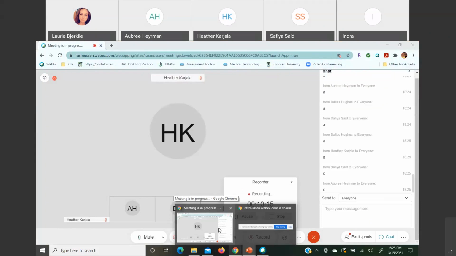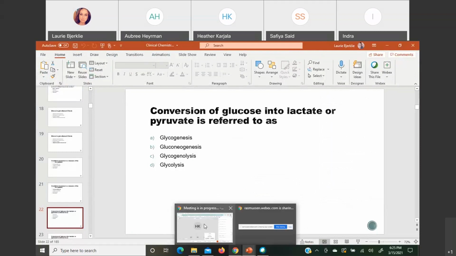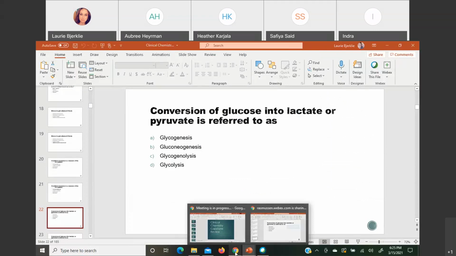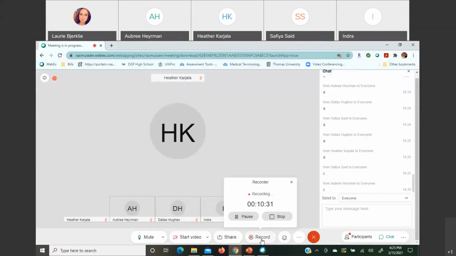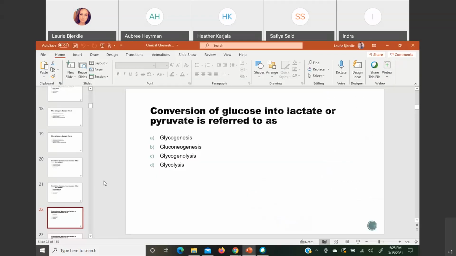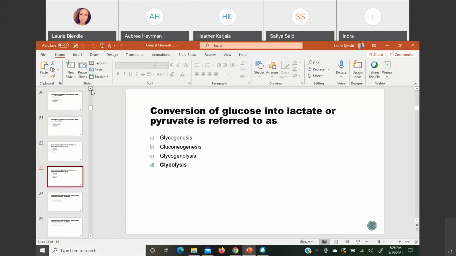I was going to give it a second. Okay. I don't know if everybody's answered or not, but these little words can be tricky because they're easily confused with each other. I was just making sure I was still recording. So it is actually D on this one, glycolysis.